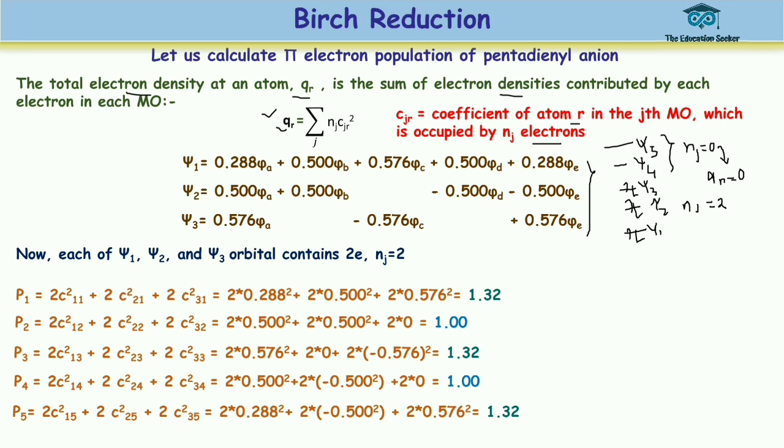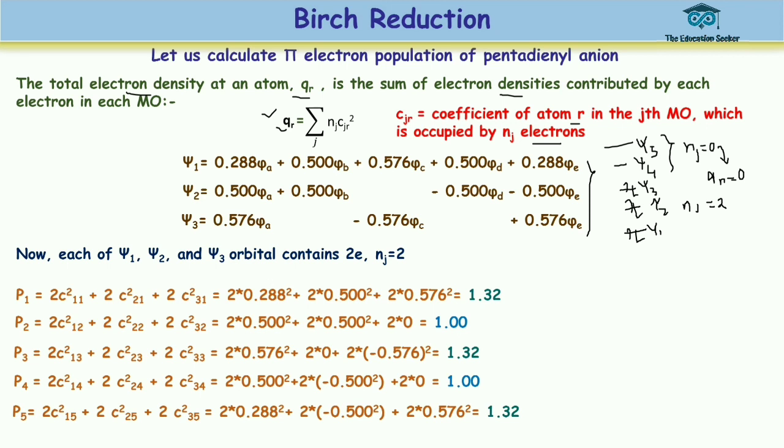So let us first calculate the total pi electron density on carbon 1. That means we have to calculate the individual pi electron density on carbon 1 for each orbital. Then we have to add all those values, which will give the total pi electron density on carbon 1.